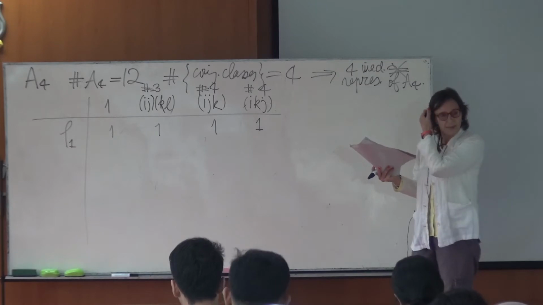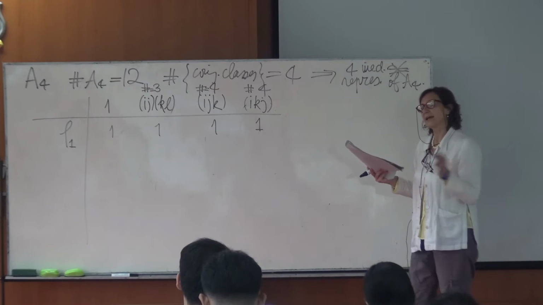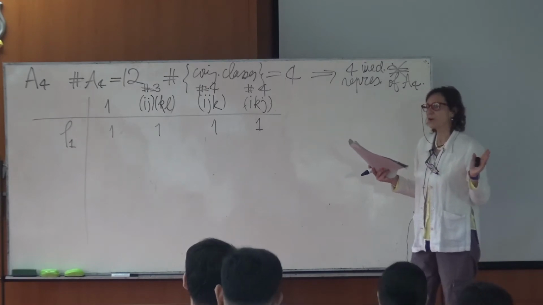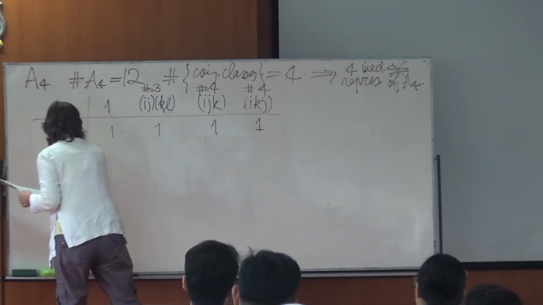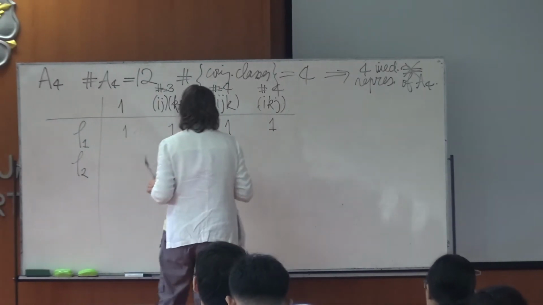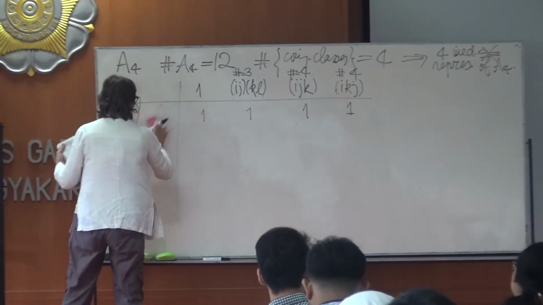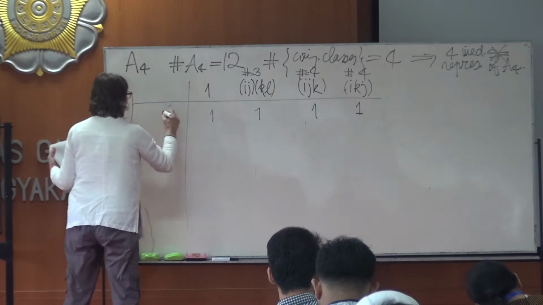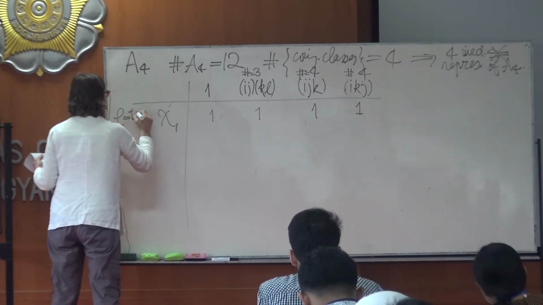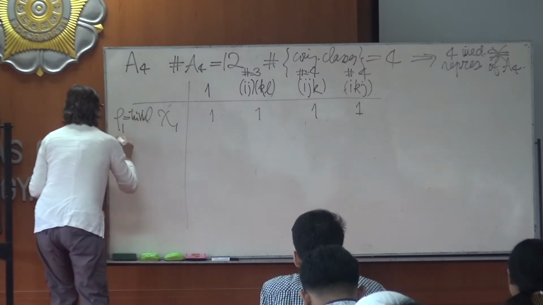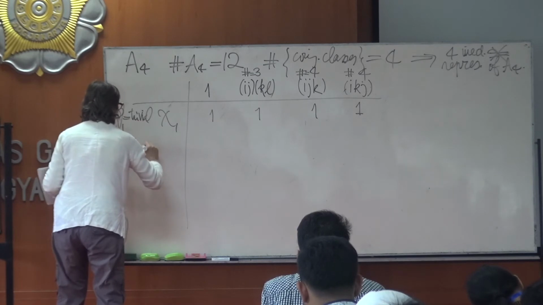And then you remember this preserves the space V0, the hyperplane where the sum of coordinates is 0. So then we have rho 2. Let's write here the characters of A4. Rho 1 is trivial, and rho 2 is the permutation representation.